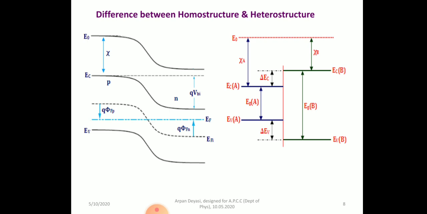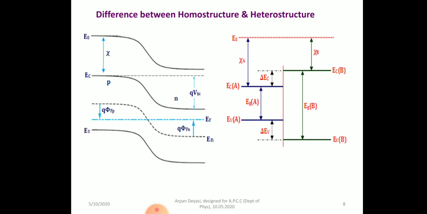That band gap difference is the summation of conduction band discontinuity and valence band discontinuity. Now conduction band discontinuity depends on the difference of electron affinity. So valence band discontinuity is a function of band gap difference and electron affinity difference.